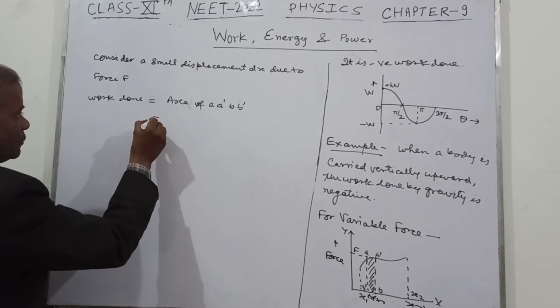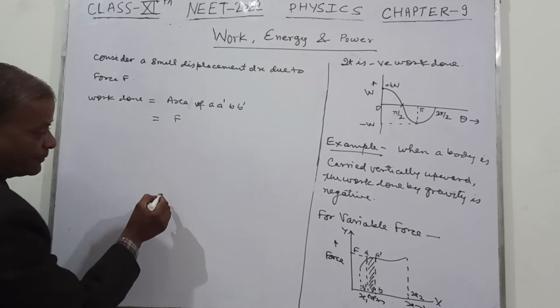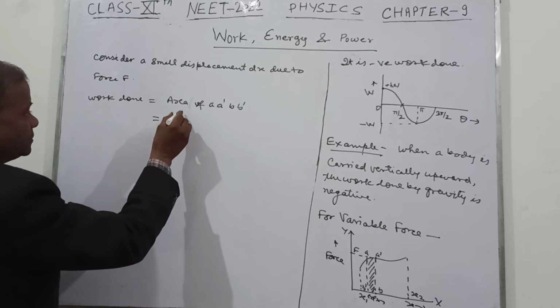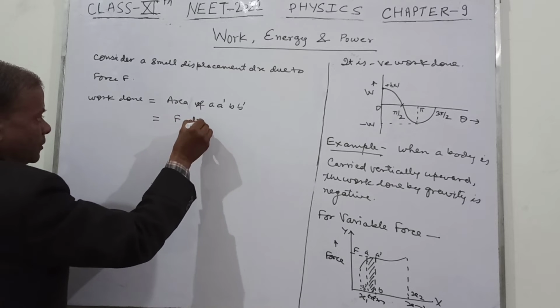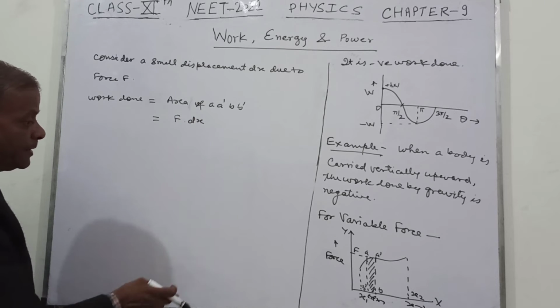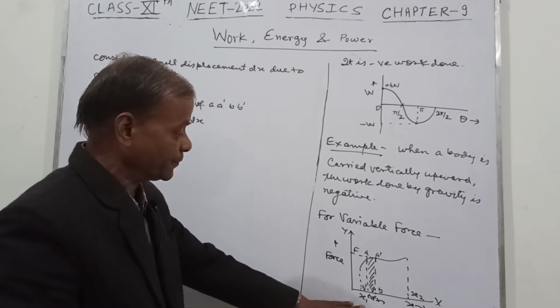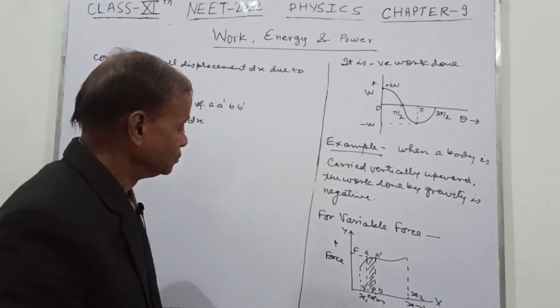So this is equal to what? F into dx. F into dx. So now what we have, suppose that displacement is from x1 to x2.